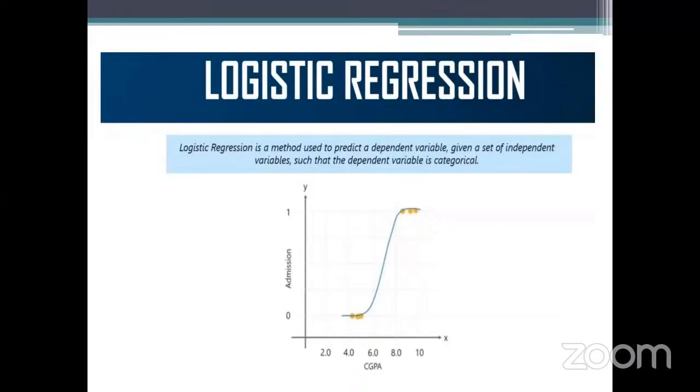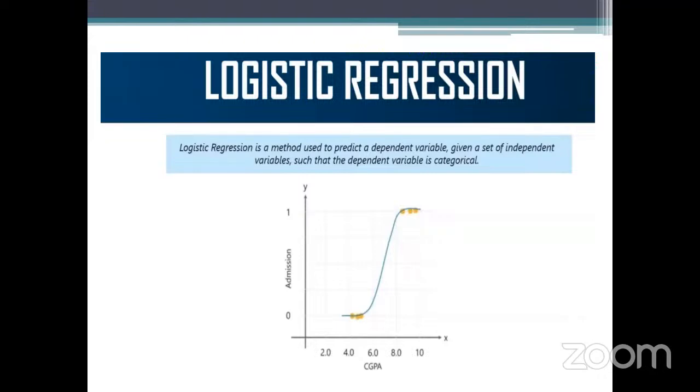Logistic regression. Now, in order to understand why we use logistic regression, let's consider a small scenario. Let's say that your little sister is trying to get into a top school, and you want to predict whether she will get admitted to her dream school or not.